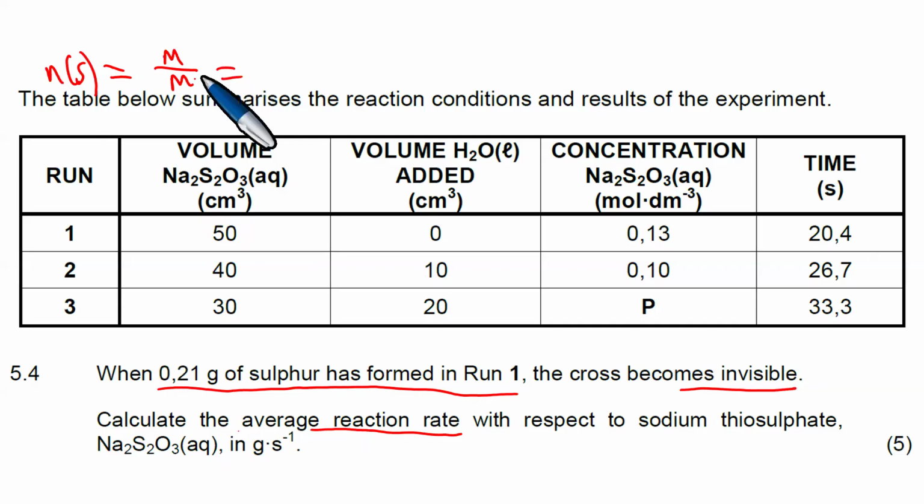What is the mass? It is 0.21 grams. For sulfur, the molar mass is 32 grams per mole, from the periodic table of the elements.